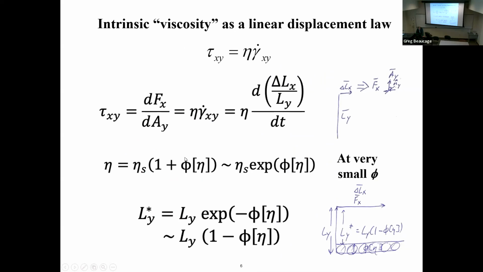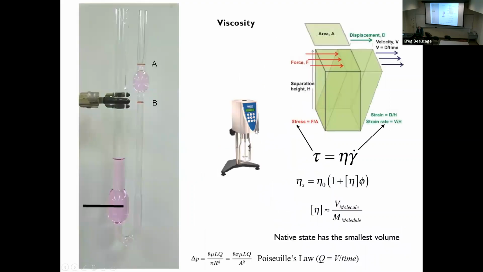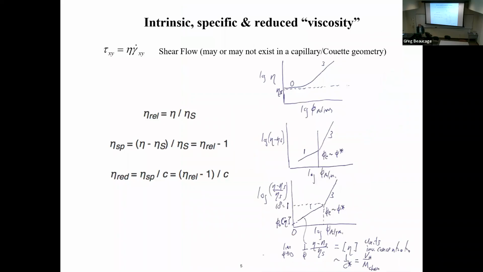You approach 0 with concentration, and that will give you the intrinsic viscosity, which is just 1 over C star. So it's a way to measure the C star number with this simple machine without knowing anything about it, with the twist that the chains are being perturbed in flow, so it isn't exactly C star. So you can determine a lot about the system just from a simple flow measurement. That's kind of the beauty of it.